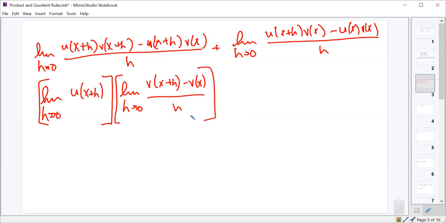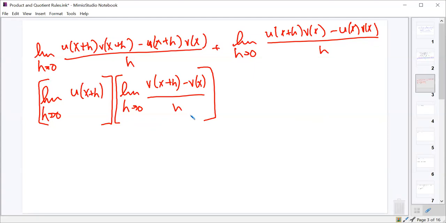Is it okay that I only put an h under the second limit, not under the first one? Yeah. Why is that okay? Because it's a multiplication between the two of them, right? If it's a multiplication between the two of them, that denominator only really needs to be applied to one or the other.